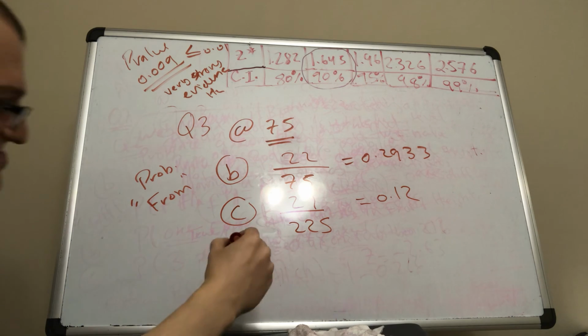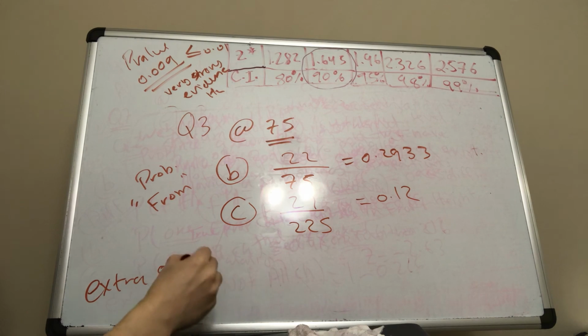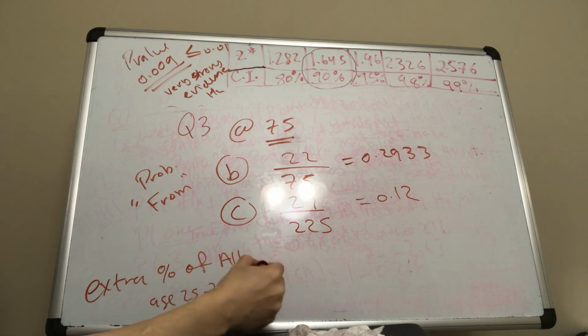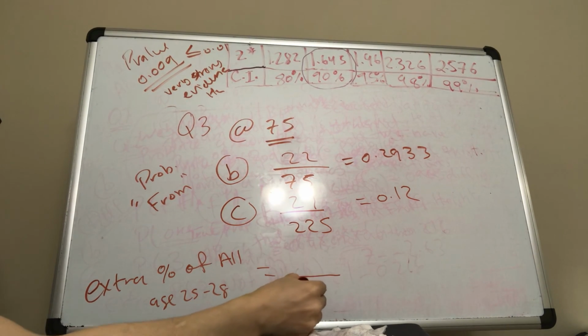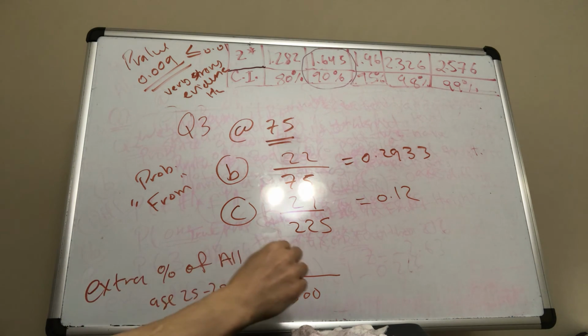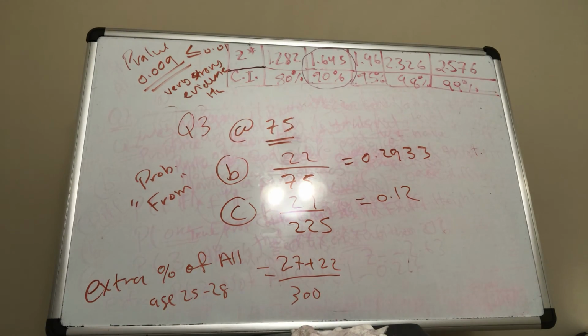In this case you would divide by 300 because that's everybody. And age 25 to 28 would be the 27 and the 22, both of them over 300.